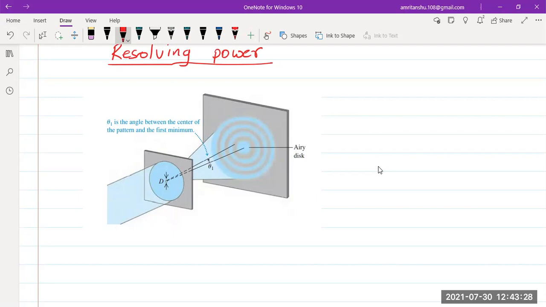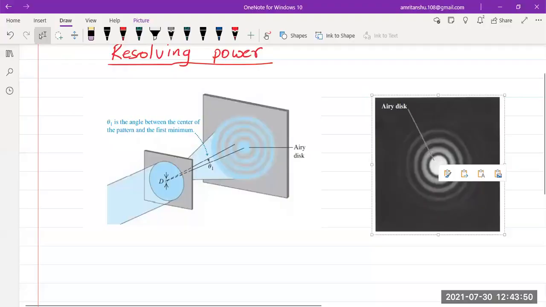So here, if you see, the pattern would look something like this.